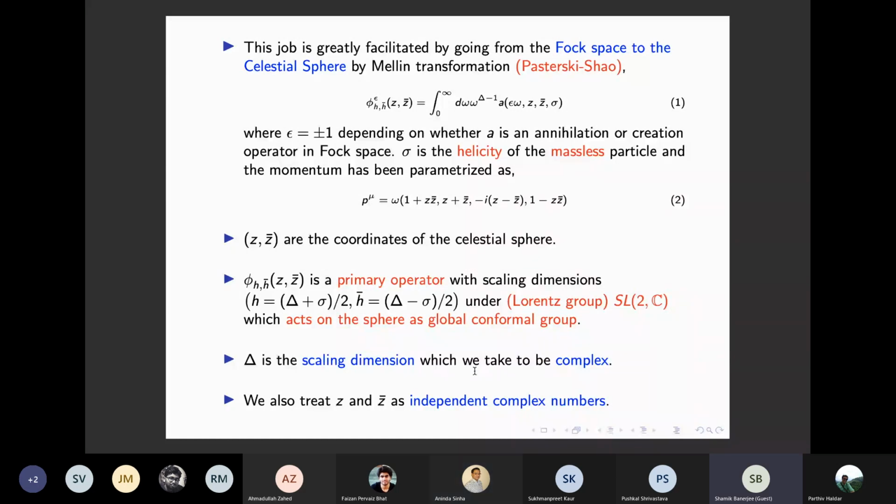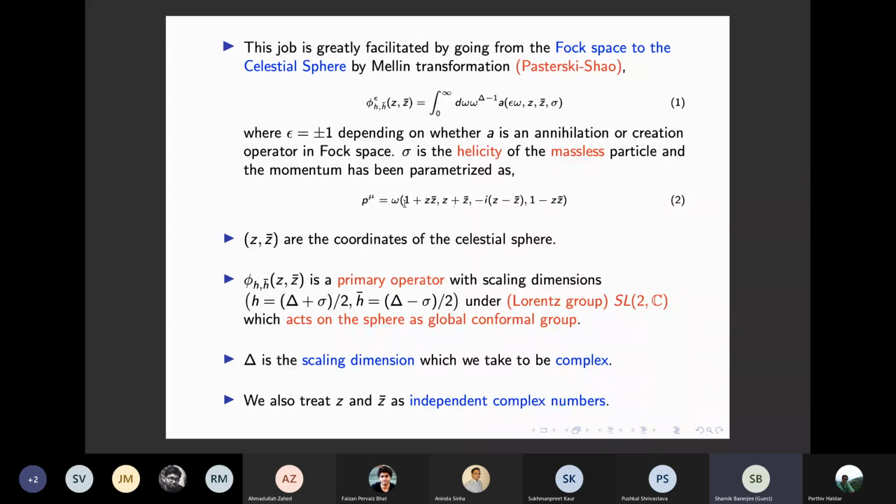Sometimes it is also useful to go to the split signature, which is plus plus minus minus, but that will not really play any role in this talk. Otherwise the signature is the standard one, so I don't need to mention which particular signature I'm working in.